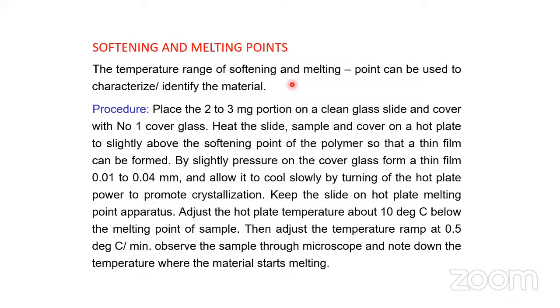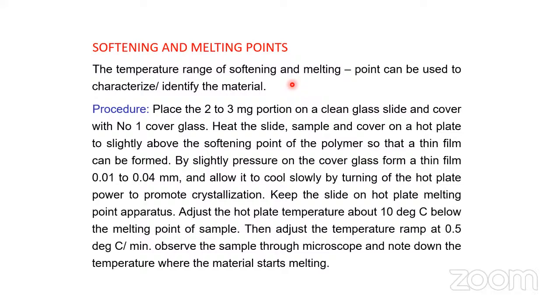So next is the softening and melting points of your polymers. Different types of polymers have different melting point ranges, correct? If you have polyethylene and polypropylene, the melting point range is different for both of them.